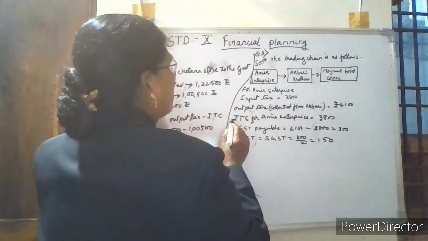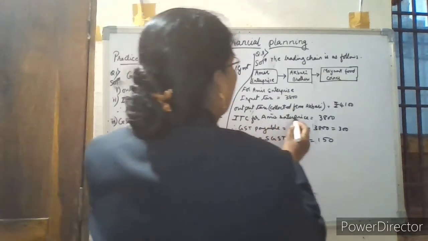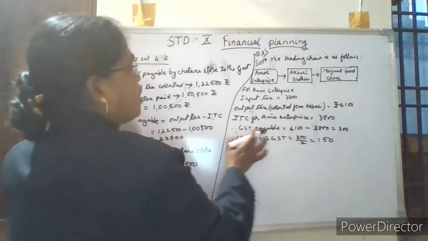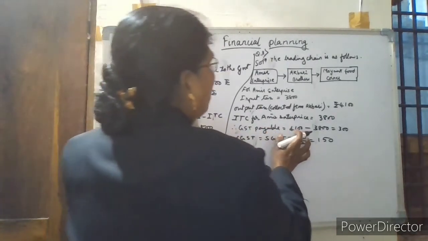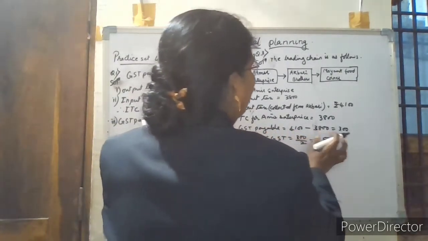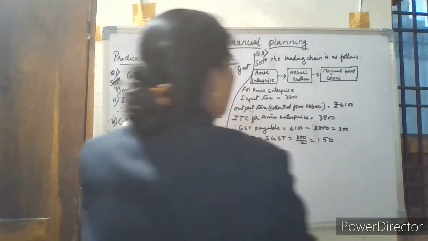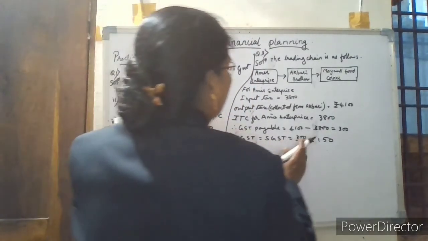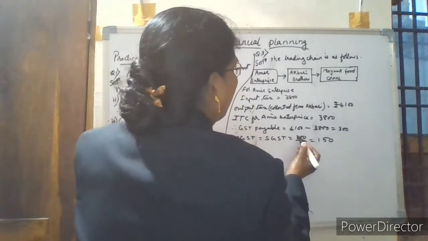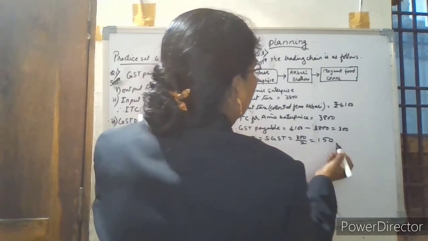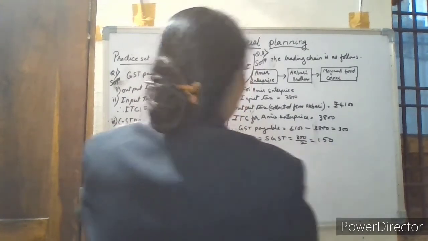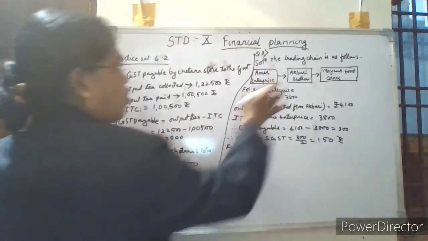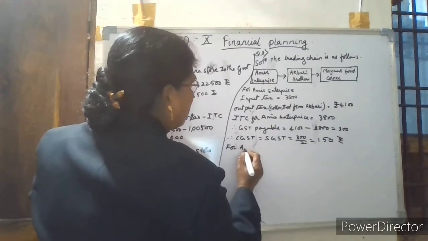So his ITC for Amir Enterprises is equal to 3,800. Therefore, GST payable is equal to 4,100 minus 3,800, that is equal to 300. So therefore, CGST is equal to SGST, that is equal to 300 divided by 2, equal to 150 rupees.